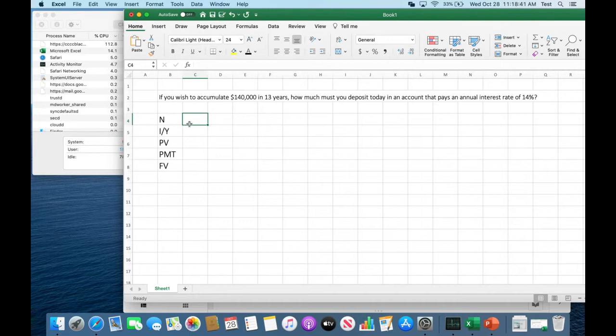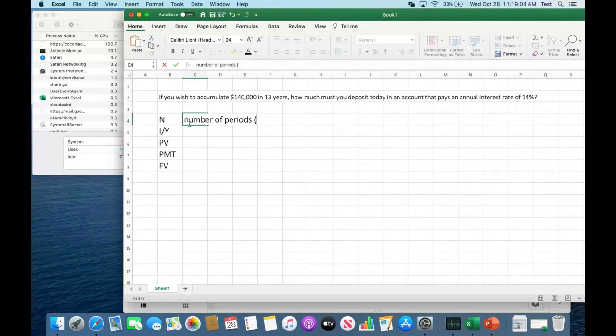So N is a variable that stands for the number of periods. Okay, and in finance, this can represent a lot of different scenarios because the time value of money function can be used in a lot of different scenarios. In this class, we're only going to look at personal finance situations, but it actually can be a lot of different scenarios.